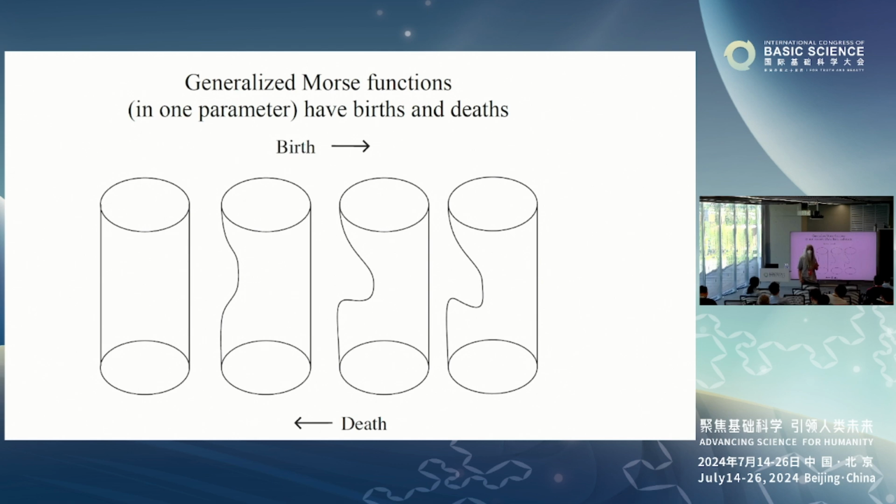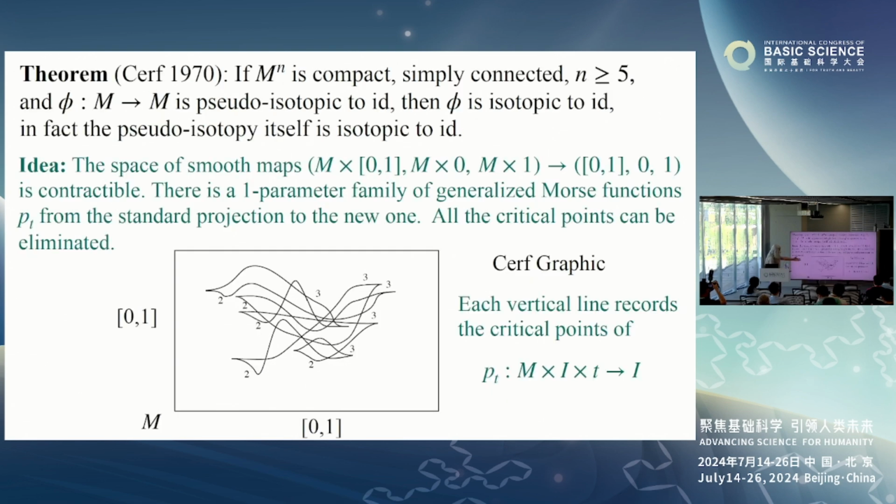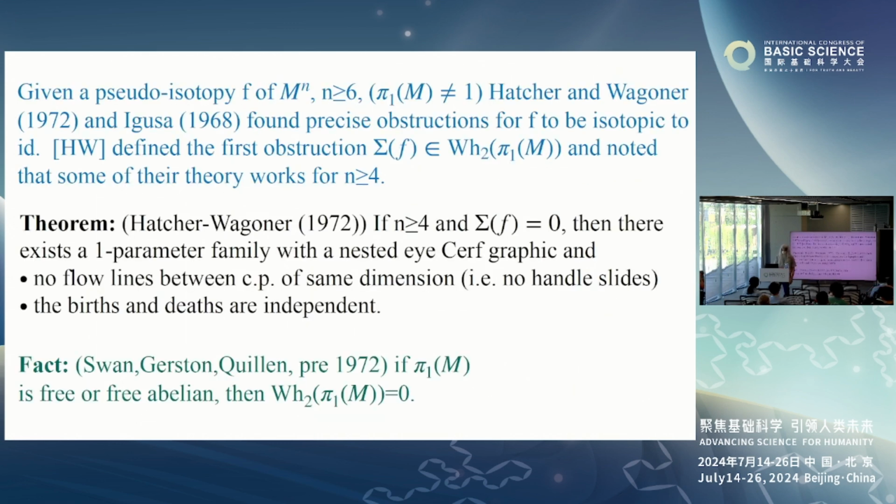So a generalized Morse function is simply Morse functions in one-parameter families, where we allow for births and deaths. You can see in this picture these cusps here; those are the various births.